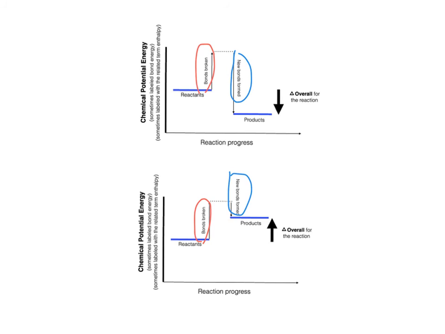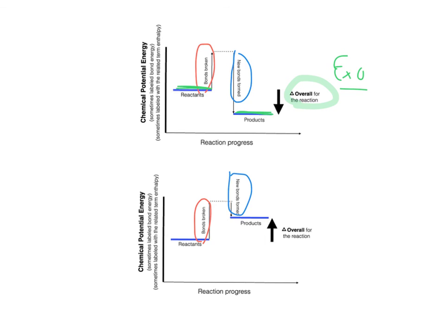So in the net exothermic reaction, in the overall exothermic reaction, I'll just write exo in here, that trended to have lower chemical potential energy. Sure, it had an up arrow step and it had a down arrow step, but overall, the reaction lost chemical potential energy. That's what makes it exothermic.